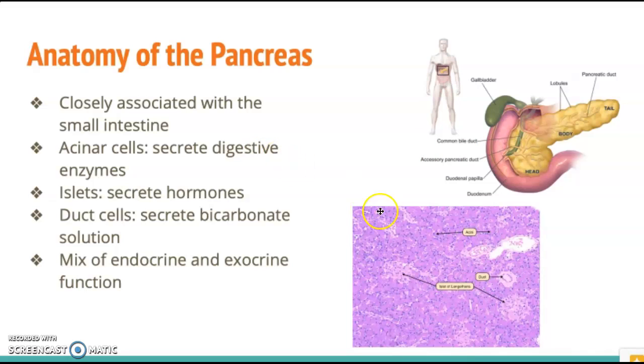The first one is acinar cells, and you can see those here in this cross section, and these secrete digestive enzymes. Then there are these lightly stained regions called the islets, and they secrete hormones. And finally, there are these duct cells, and they secrete bicarbonate solution. There is a mix of endocrine and exocrine functions, which are important in regulating digestion.